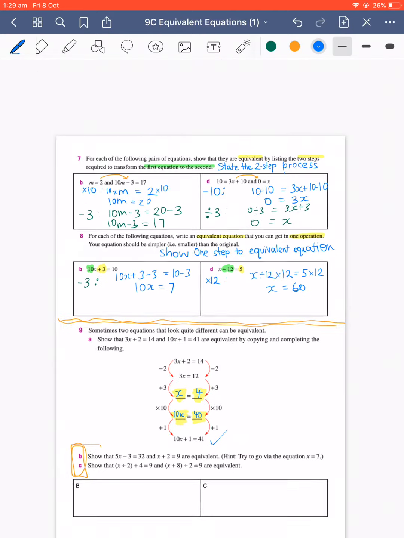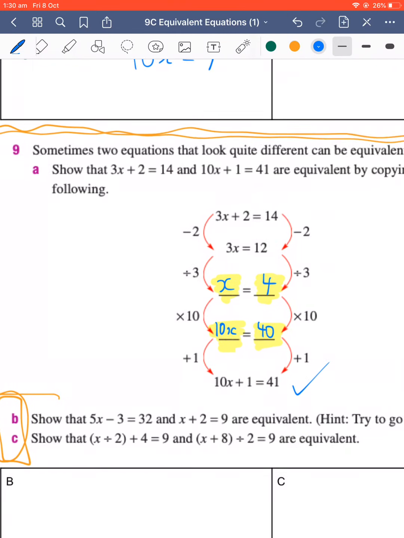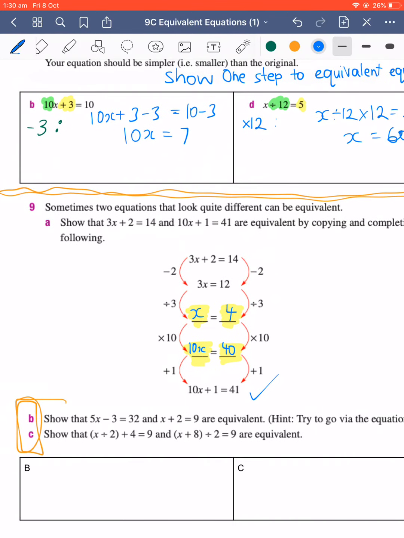Now this question B and C. So again, you are doing the exact same process. Start with one thing that you can see that you can change. The easiest one to start off with, I would say for this particular question, is to do any of your plussing or minusing first, okay? Then you might have to deal with some multiplication or division.